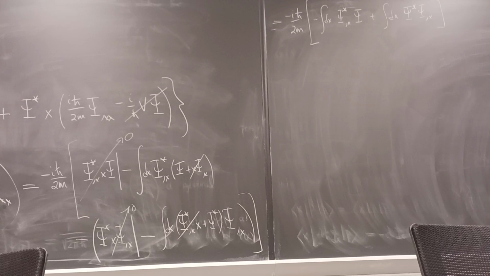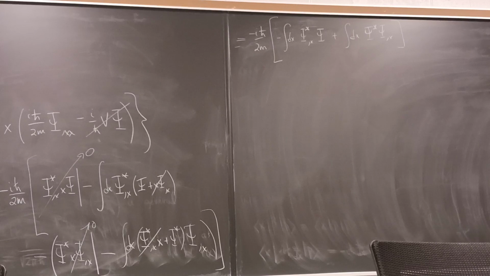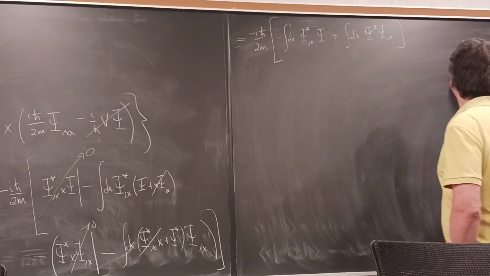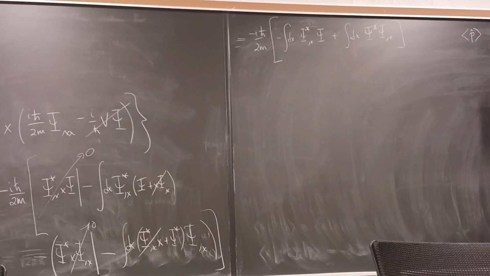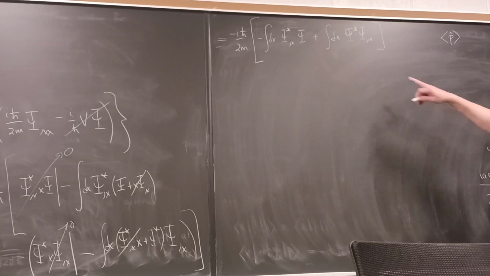What do I have to do now? Do you have to do integration by parts again? Yeah, because I'm trying to get rid of that. I want something like this.